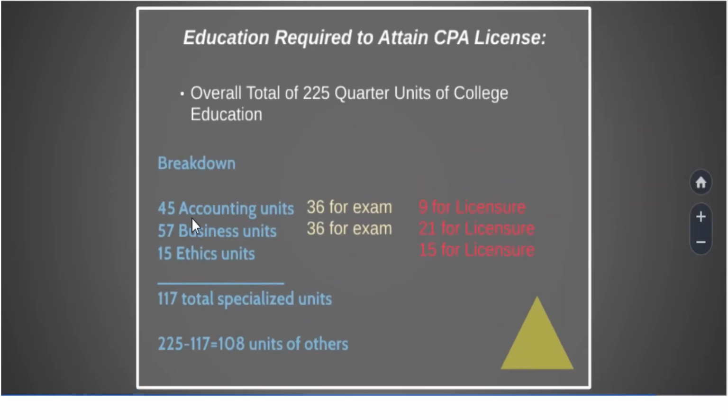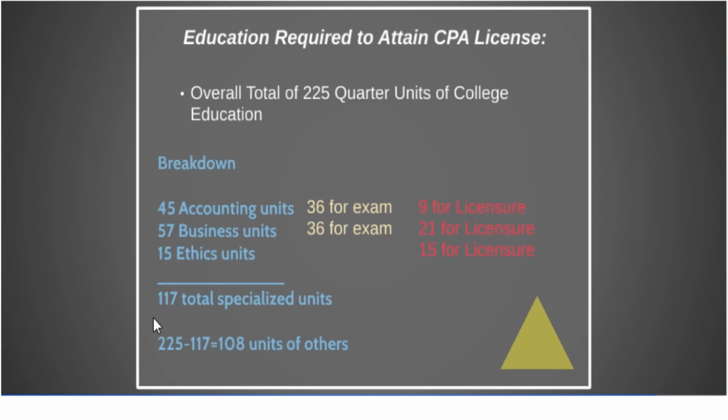So let's look at the overview of what you need in order to attain the CPA license. You need 45 accounting units, out of which 36 are going to be for the exam and 9 are going to be for the license minimum. You need 57 business units maximum, 36 for the exam and 21 for the license. And then you need 15 ethics units, out of which 15 are for the license.